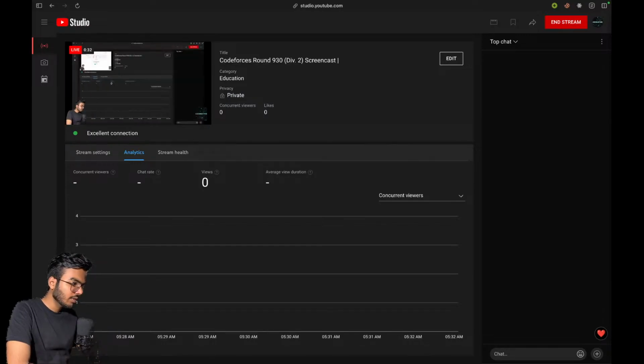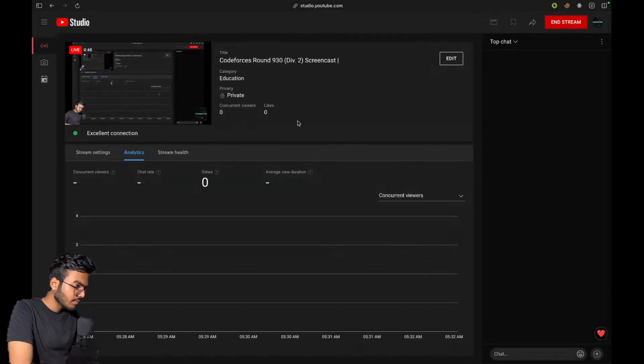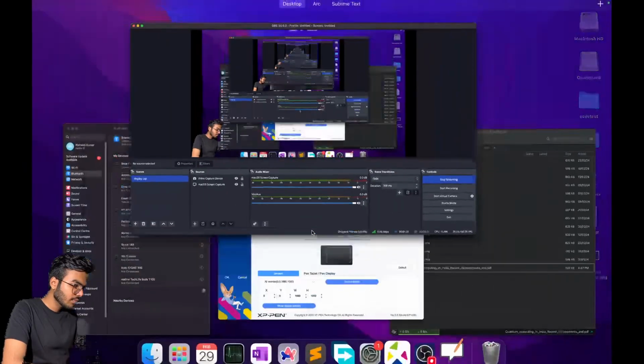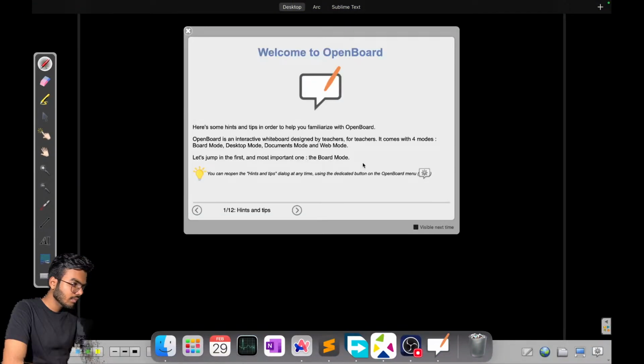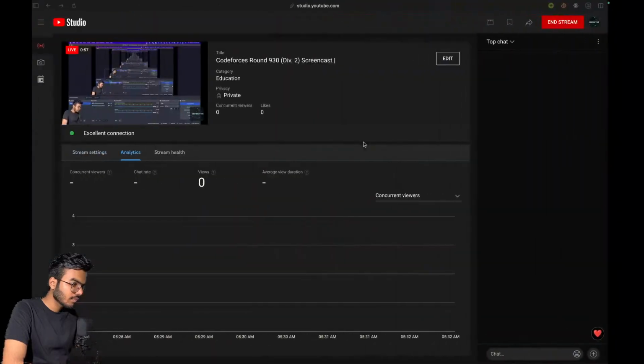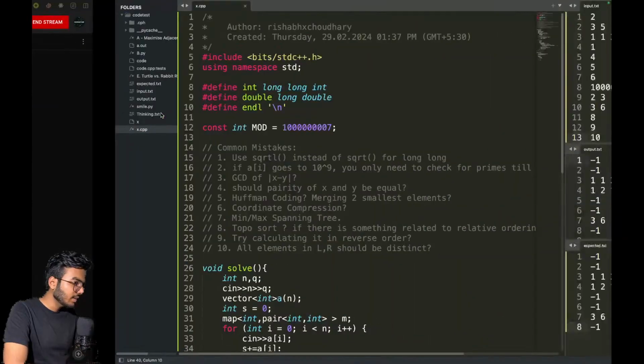I will use OpenWord for my rough work. Let me just check if my pen is working correctly or not. Yeah, I think this is fine now.